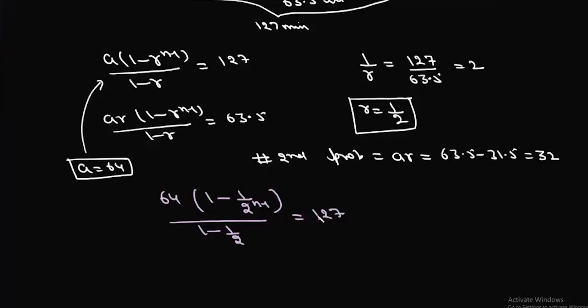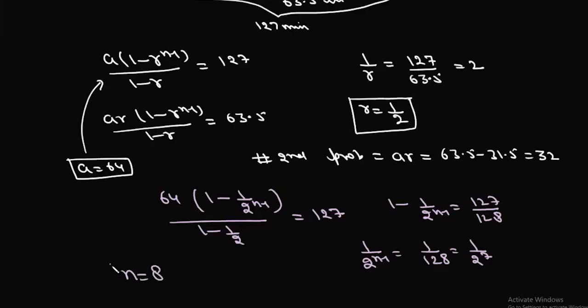So this is 128. So we can write 1 minus 1 upon 2 to the power n will be equal to 127 upon 128, or 1 upon 2 to the power n is 1 upon 128. Now this is 1 upon 2 to the power 7. So n equals 7... so value of n is 8. So in total, 8 problems were given to the computer, and that is the answer to this question.